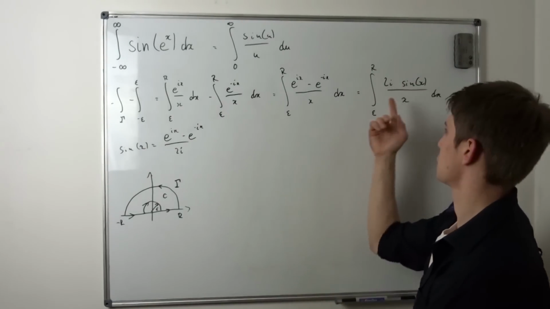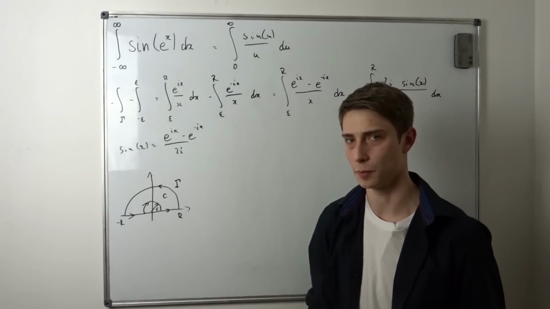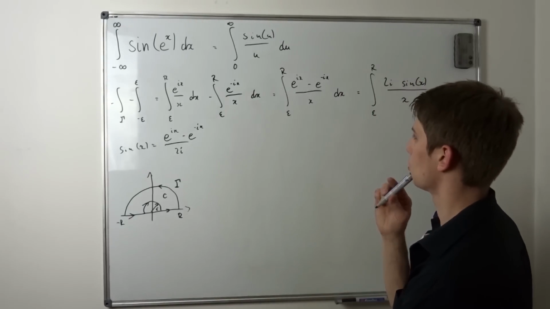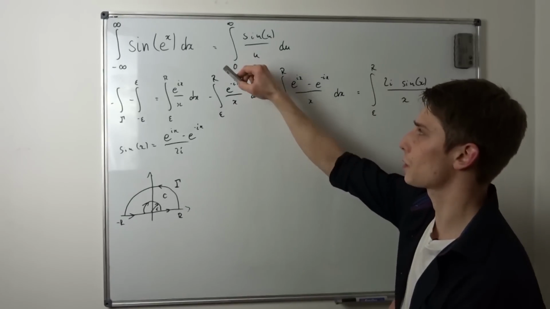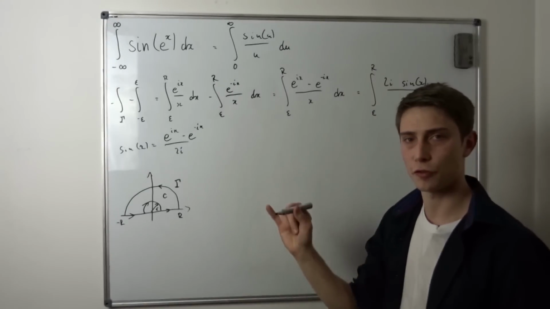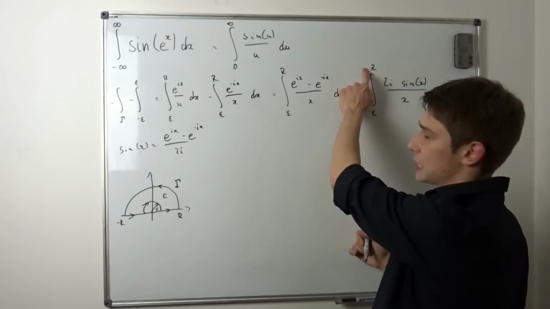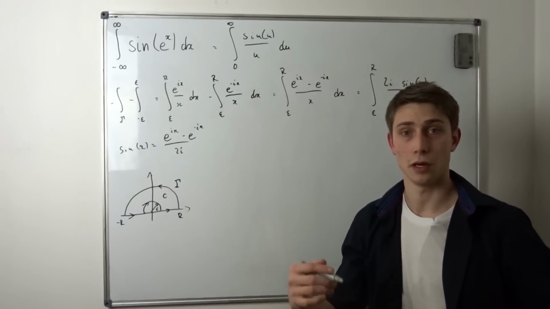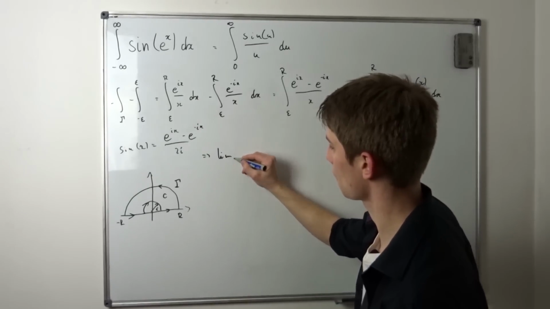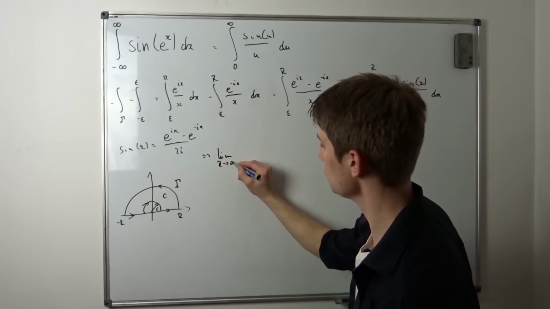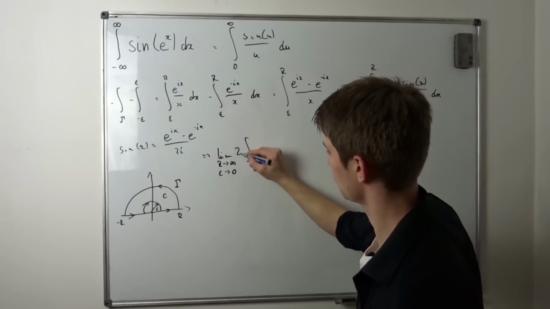You could also say that this is u instead of x. Don't get confused by this. Those are just variables. So what can we do now? Our integral would be equal to this one right here if we would divide everything by 2i, and also we would take the limit as epsilon approaches 0 and the limit as r approaches infinity. So let's just write this out. If we take the limit as r goes to infinity and epsilon goes to 0 of this integral, that's 2i.